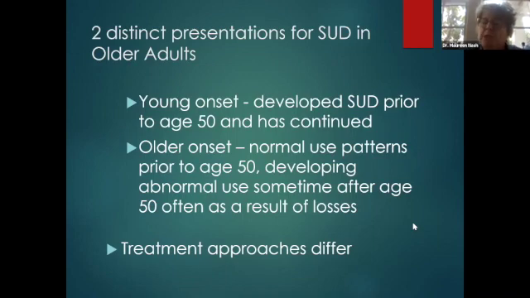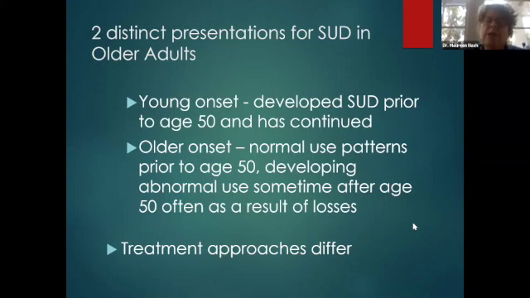Now, this is a pretty small subset because a lot of people either get into recovery of one sort or another from their substance use disorder when they're younger, or they don't make it to getting older than 50 because there can be some notable morbidity and mortality related to substance use disorders.